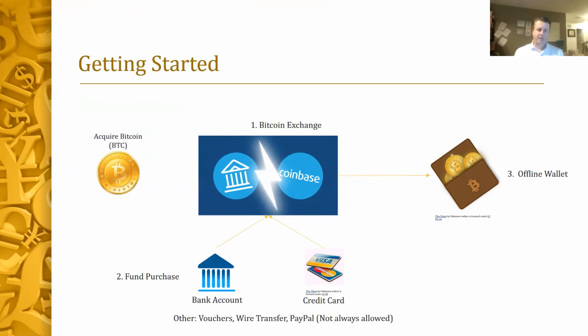The first step of getting started, obviously, is you need to acquire some Bitcoin. Whether you purchase it or somebody uses it to pay for your services, you're going to need to acquire that. And once you do, you're most likely going to select a Bitcoin exchange. Now, one of the most popular and largest ones out there, and it's great for people just getting started, was Coinbase.